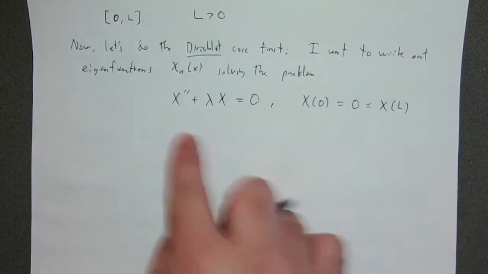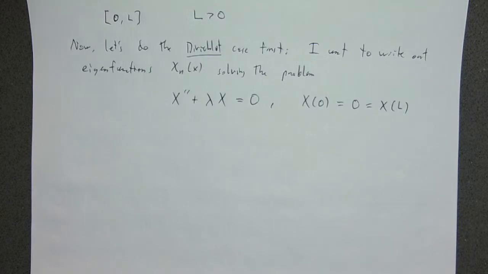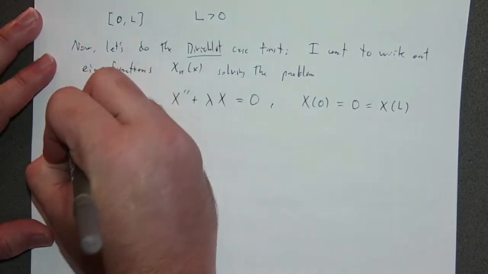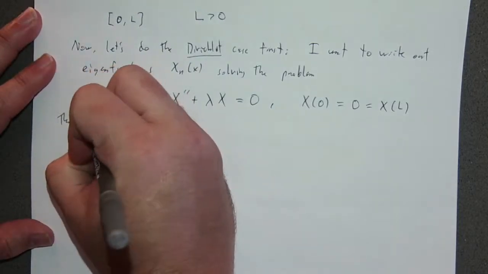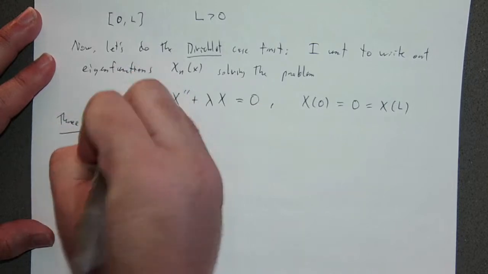Now, this is an ODE. Forget all of this stuff we did before. This is an ODE, and since this is an ODE, I'm solving it with ODE methods, but there are three cases. Now, why can I simplify this to just three cases?